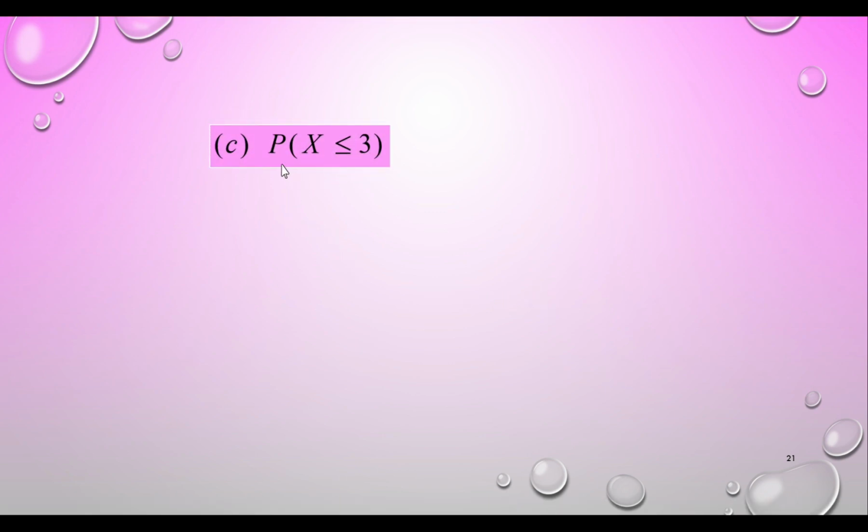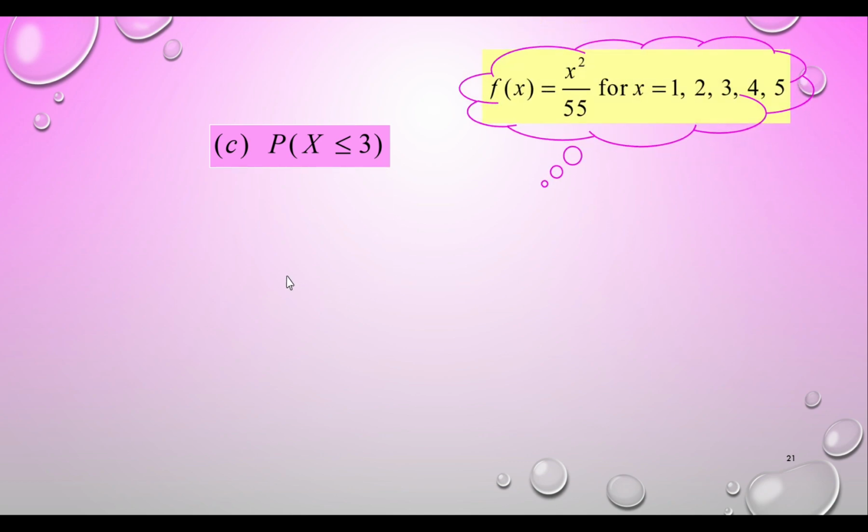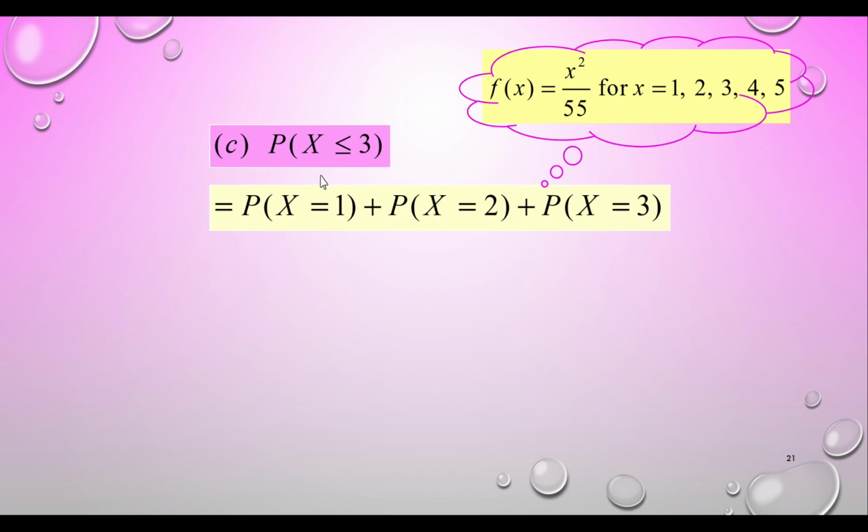C, P(X less than or equal to 3). Okay, the given function is f(x) equals x squared over 55 for x equals 1, 2, 3, 4, and 5. So, P(X less than or equal to 3) equals P(X equal 1) plus P(X equal 2) plus P(X equal 3) only.